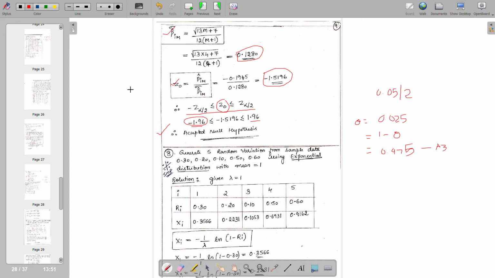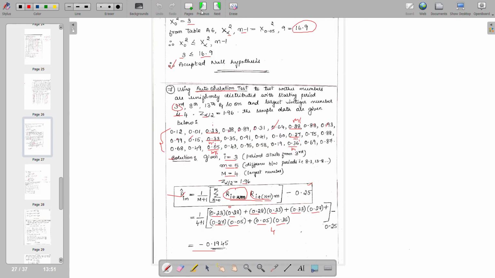Now this is the critical value for Z alpha by 2. We got the critical value as 1.96. This is another way of finding the critical value.